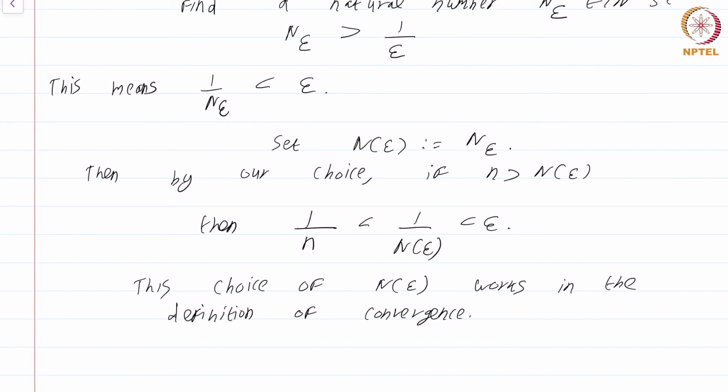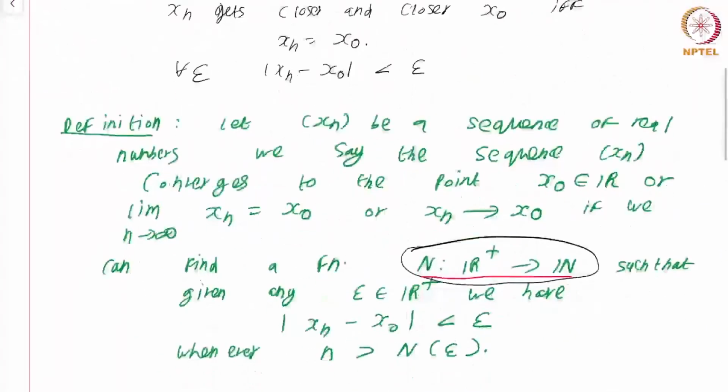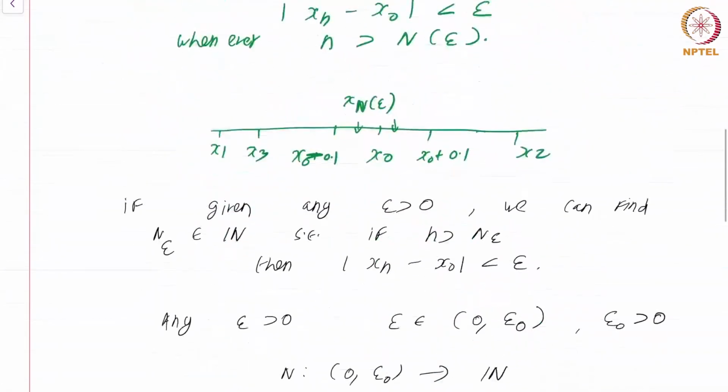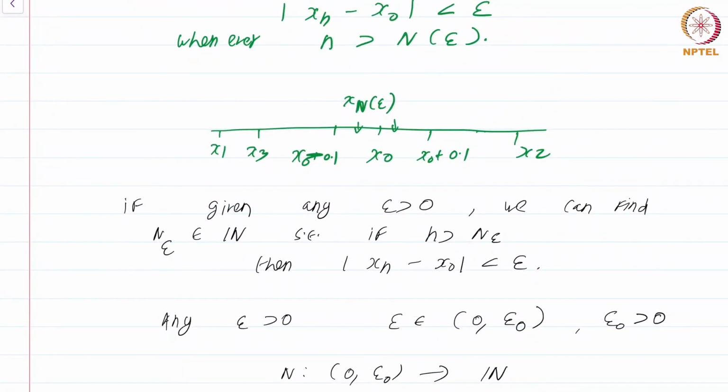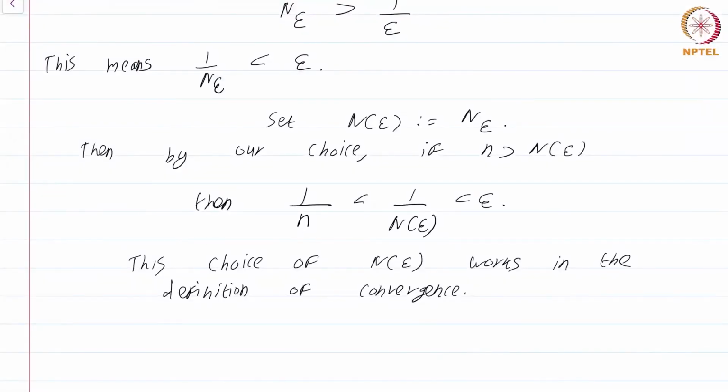Both definitions are identical, and if you understand this particular proof, it should be clear to you why both definitions, the standard textbook definition and the definition in terms of the function capital N from R plus to N, are exactly the same. They are just the same thing in a different disguise. So this is a very simple example. After a deep dive of both definitions, we will proceed and give many more examples.